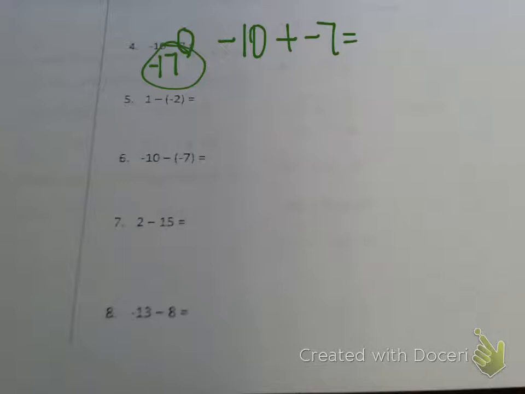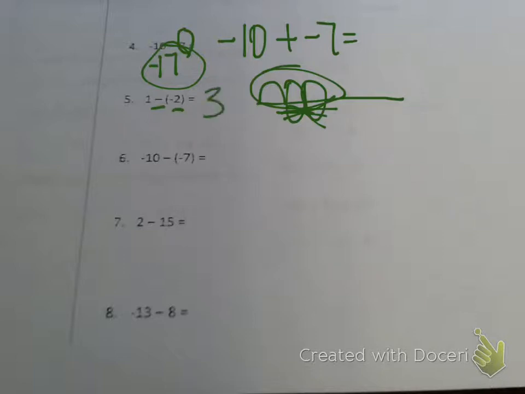Alright, take a look at number 5. If I have hills and holes and I have 1, and I want to take away 2 negatives, I don't have any negatives to take away. But if I add 2 zeros, I can take away those 2 negatives, and I'm left with 3 positives.